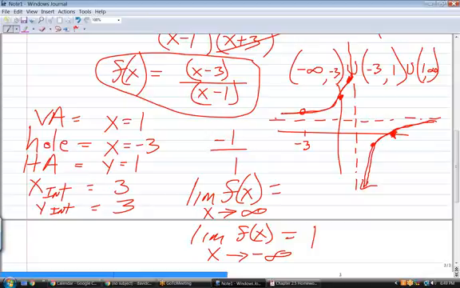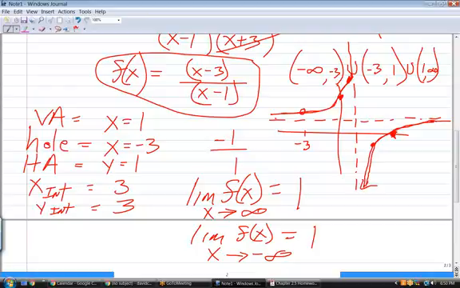The end behavior on this function is what the function approaches as we approach the horizontal asymptote. That's what end behavior means. And clearly it's headed towards 1, right? And it's headed towards 1 whether we're going from negative infinity or positive infinity. So 1 is the answer for both of them.